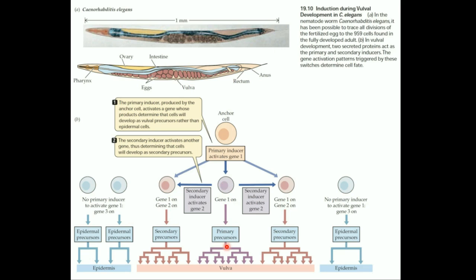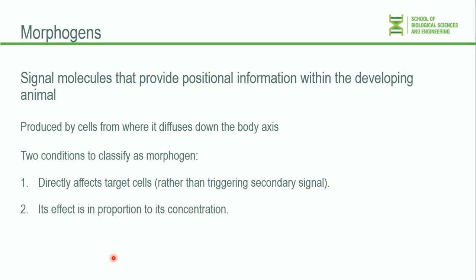To make a long story short, we can actually follow what each cell becomes, and we can study exactly which inducer will produce these changes. Now here, these cells that never received the inducer from the anchor cell, well, they just become epidermis. All right, read up on this in the text.